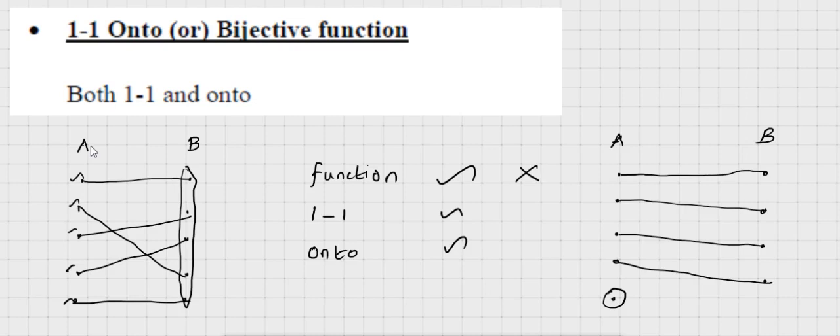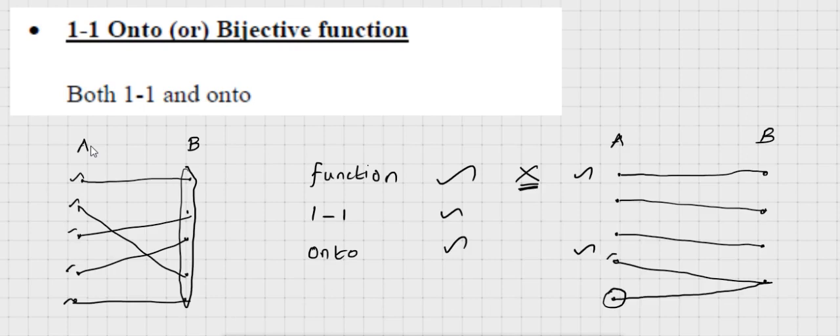Okay, the function condition itself is not satisfied. That is very basic. Okay, so if I am making the output like this, now the function property is satisfied. Onto property is also satisfied, but one-to-one property is not satisfied. Why?